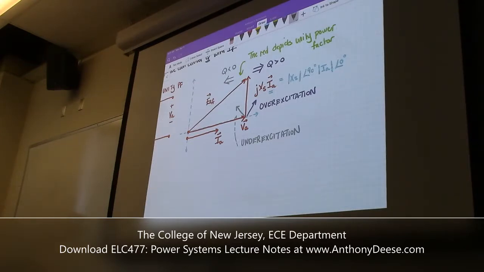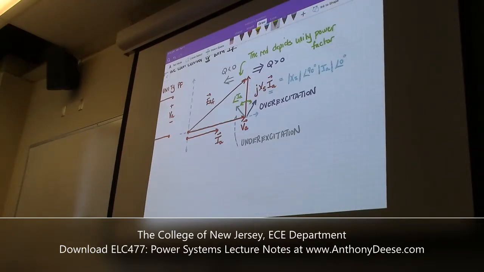If the angle of IA were 10 degrees, it would move to the right. Negative 10 degrees, it would move to the left. So what causes this to change is the angle of IA, because JXS is not going to change. It's always going to be 90 degrees.